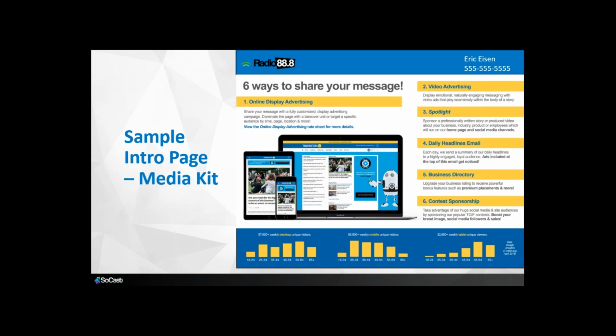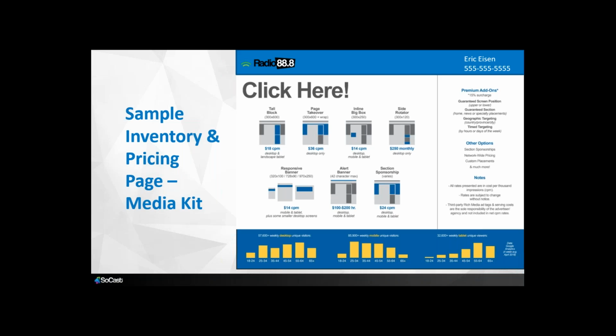This is a very important thing, so you can sort of steal this look and feel from us. Again, a secondary page with all of the inventory and pricing on your media kit, maybe having some examples of that. Again, you have the choice whether you're going to sell in a large market based on CPM.